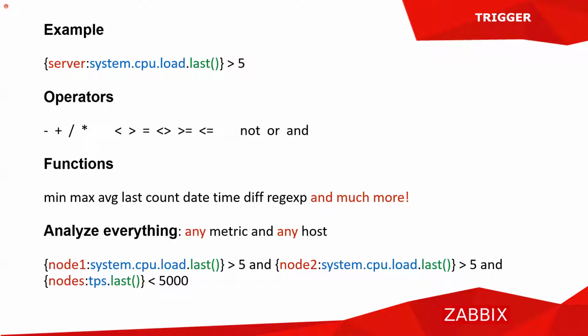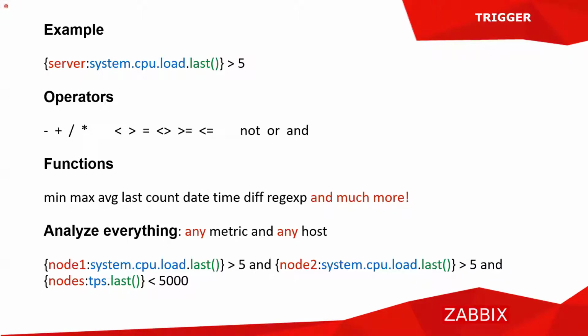So let's say if our system CPU load is bigger than 90%, 95%, or bigger than 5 in terms of Linux metrics, then we would probably want to get an alert. And this example right here just shows you that if the last value for the system CPU load was about 5 on some server, then the trigger should fire, I should be notified about the situation, I should know what is happening and that this specific situation is happening.